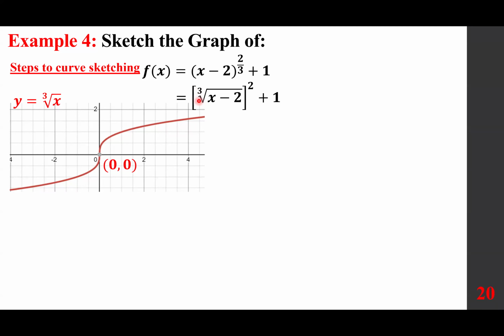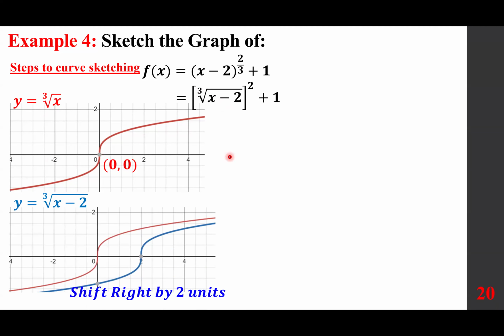The next step is the cube root of x minus 2. Compared to this one, what happens if x is replaced by x minus 2? It shifts right by 2 units. So the same graph moves to the right by 2 units, and (0, 0) now has coordinates (2, 0).